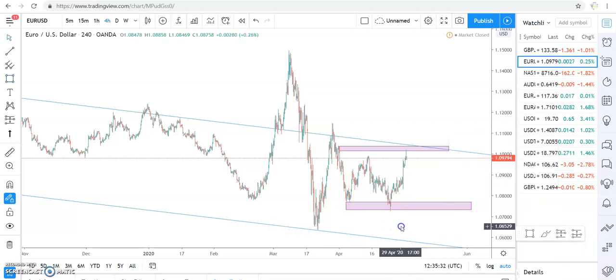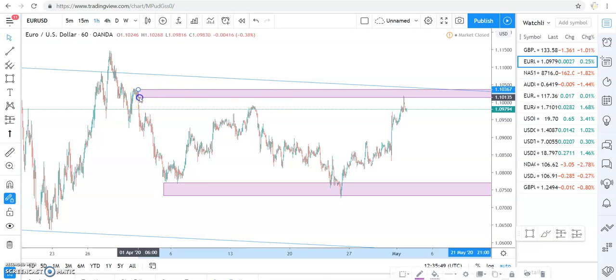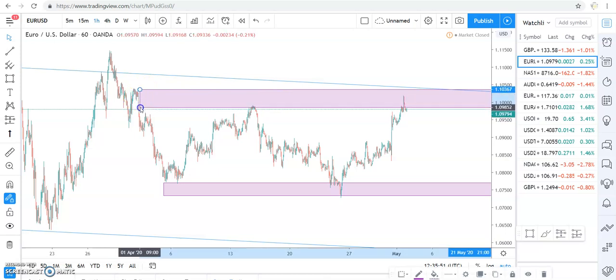Okay, maybe it will become clearer to you once we move on to the 1 hour time frame, where we start to look for our entry points. Now I can start to adjust my support and resistance level to these points. Why?